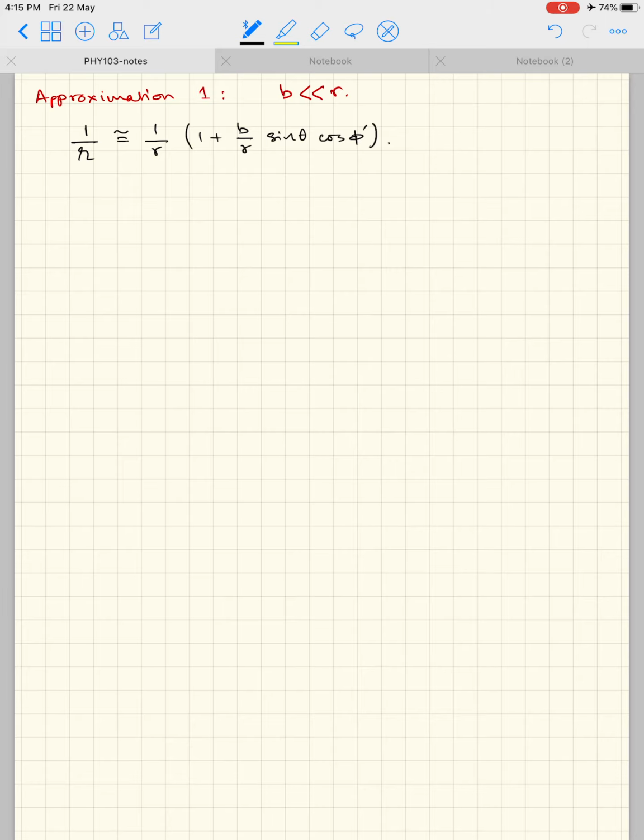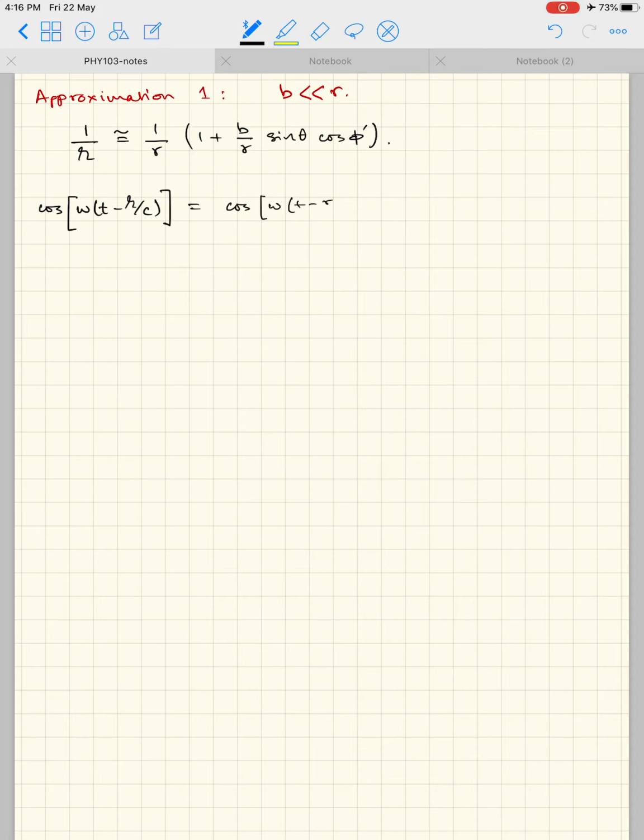And similarly, what we have is cosine of omega (t minus r over c) is given by, so this is exactly again the same approximations as we used last time around. I'm not going to repeat that.